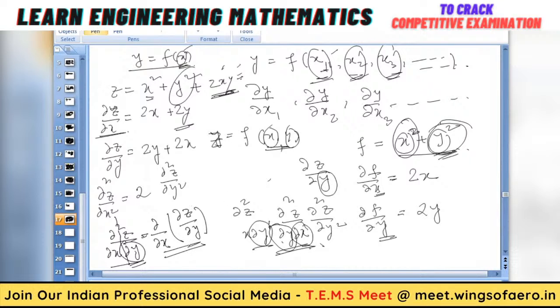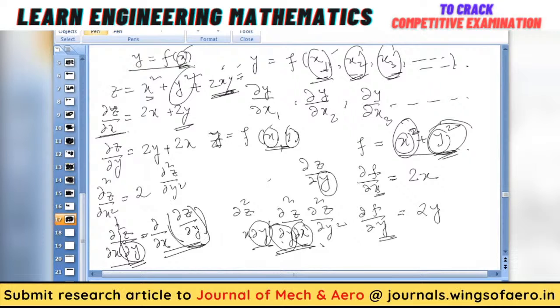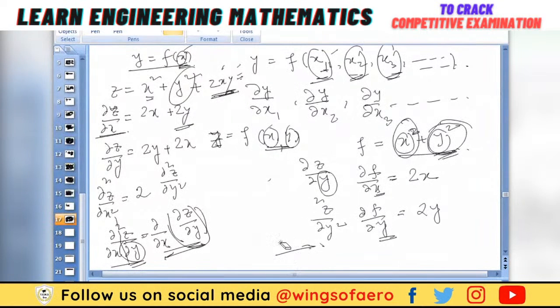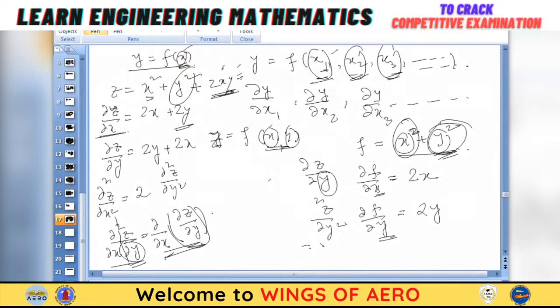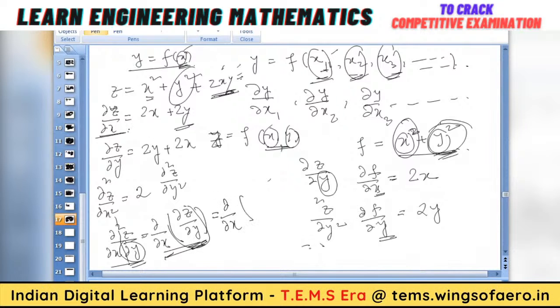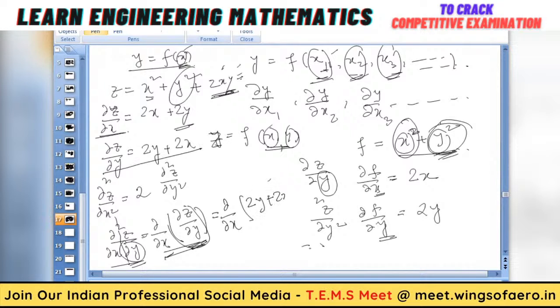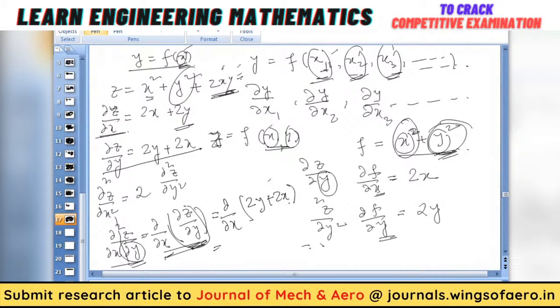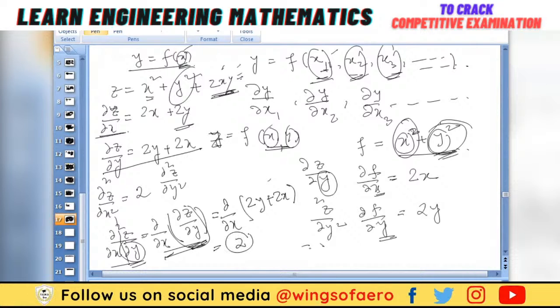That is, we have to take the derivative with respect to y first and then take the derivative with respect to x. So if the function is x square plus y square plus 2xy, then del z del y should be taken first. So del x of del z del y means this ends 2x plus 2y, and then take with respect to x. With respect to x means it is 2 only.